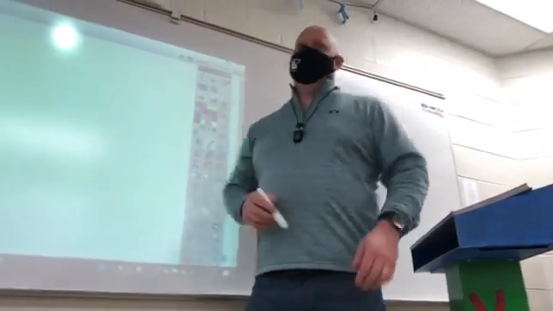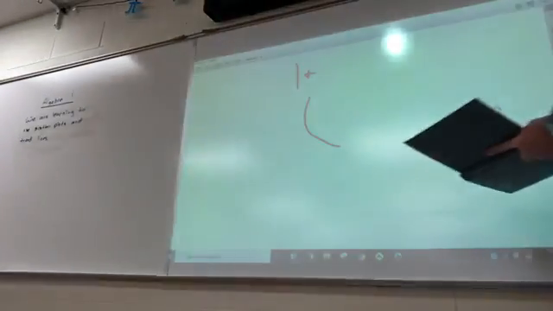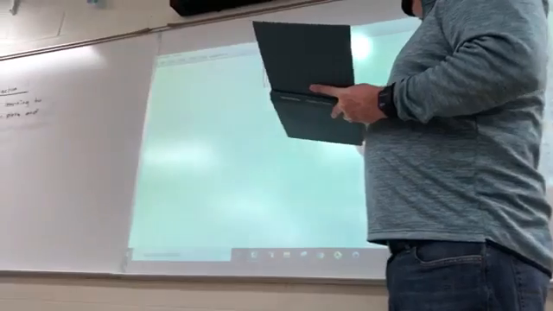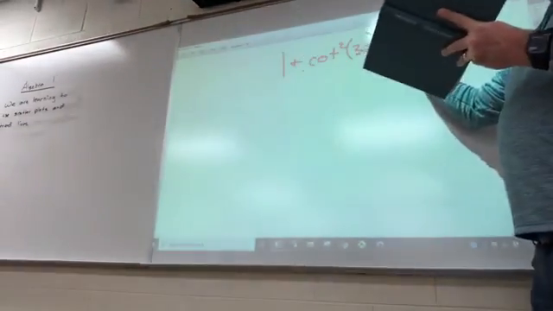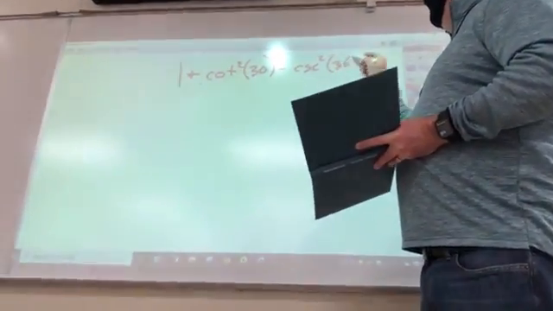Flip over to number 9. Now, here you're going to have to bring back the table in your brain. Think table, table, table. 1 plus cotangent squared of 30 degrees is supposed to equal cosecant squared of 30 degrees.